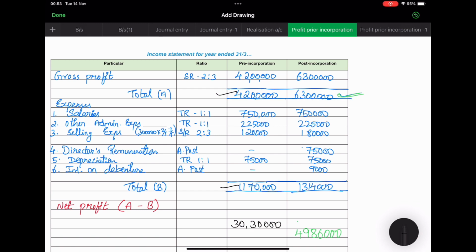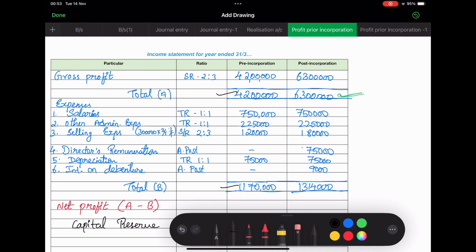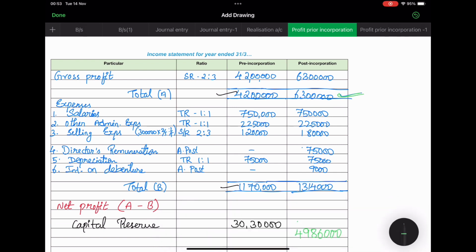This pre-incorporation profit will be transferred to capital reserve, and post-incorporation profit will be transferred to the P&L account. This is how we are going to calculate the pre-incorporation profit or loss of the company.